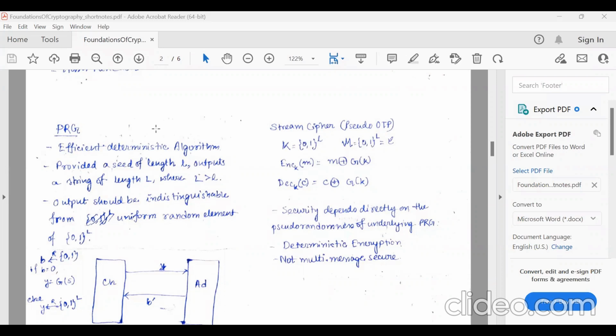So here is the solution: you will have a key of fixed length, say small l, but whenever you have a message M of some length capital L, then according to your requirement of the value capital L, you can use your PRG, your pseudo-random generator, with the key K, and get a capital L bit string, and then you use that string just like OTP.